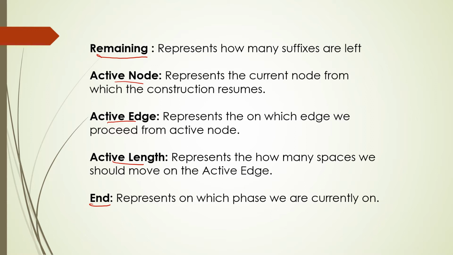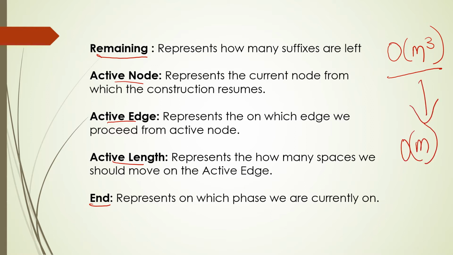Without these, there were algorithms that run in O of m squared, almost similar to this, for constructing a suffix tree. With a little tweak and using these variables, the time complexity is reduced to O of m. These are the important things in implementing a suffix tree with Ukkonen's algorithm.